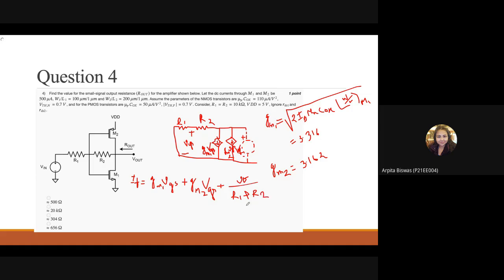Okay. From here we have to calculate the value of VGS.